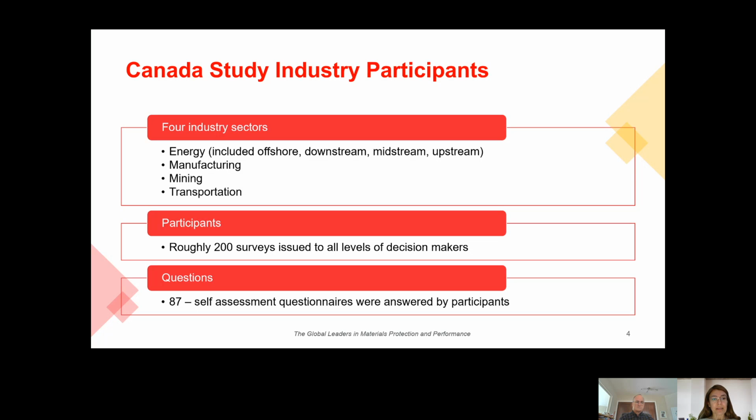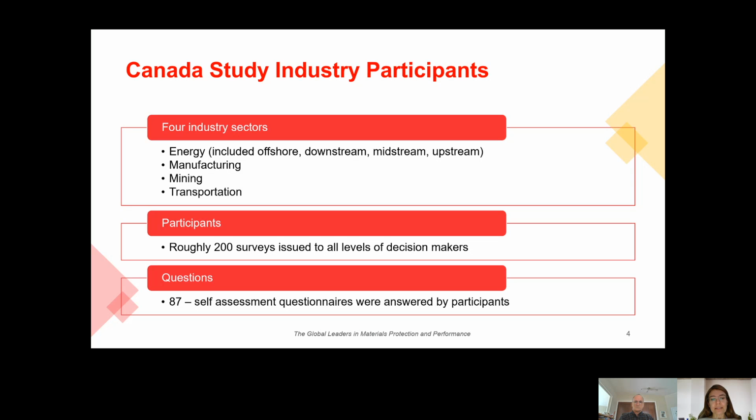We also included the manufacturing sector, the mining sector, and transportation. Participants from all these sectors were included in the study. Roughly 200 surveys were issued, and many different decision makers, at many different levels of technical, leadership and managerial roles, participated within this study.